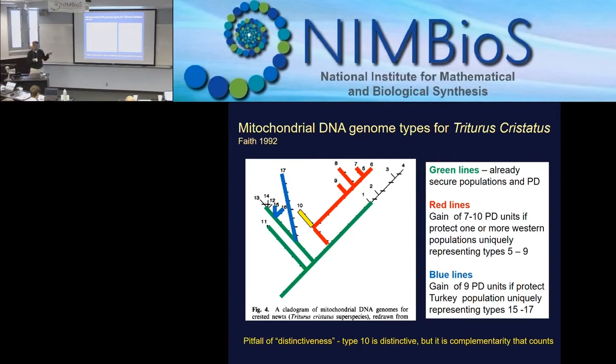I want to highlight this word distinctiveness, which, as expected, has come up in Michael's talk and several others as this kind of tantalizing way to try to get at the importance of certain areas or certain elements of biodiversity. My recommendation is that we try to sidestep it.